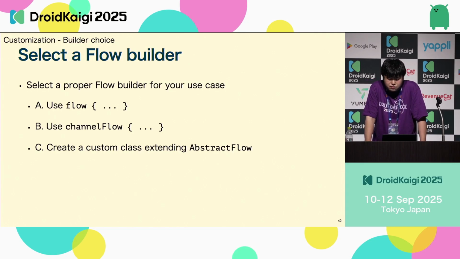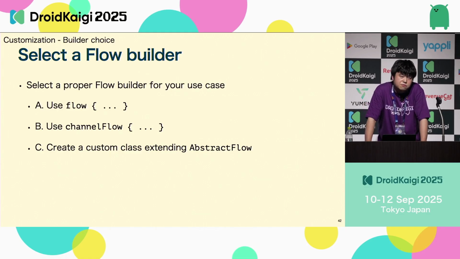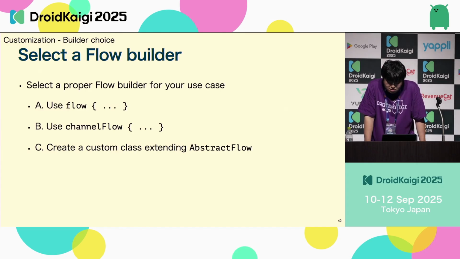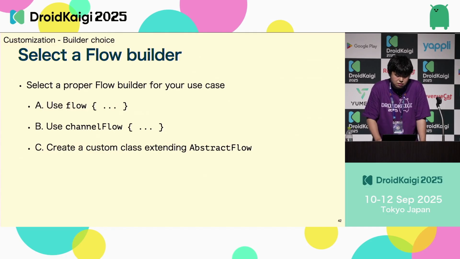I picked 3 options, but didn't include MutableStateFlow and MutableSharedFlow because they are not easily extensible and have special behaviors. Honestly speaking, I haven't seen any use case that requires MutableStateFlow or MutableSharedFlow for a custom operator. And I think these 3 options are good enough.